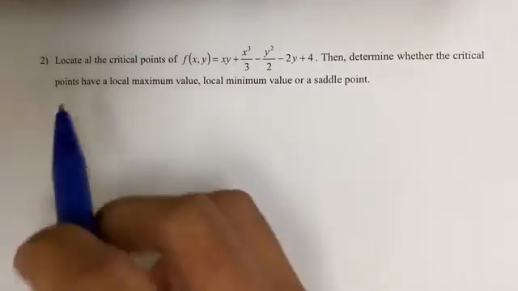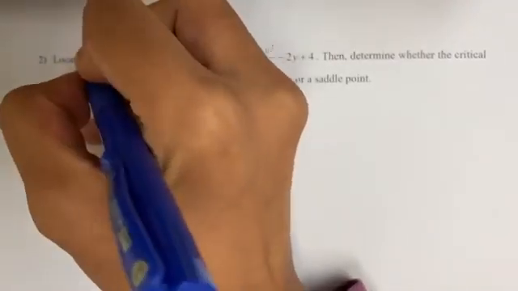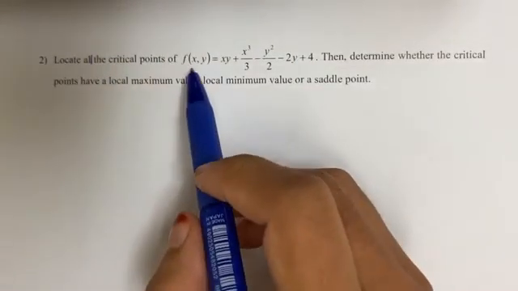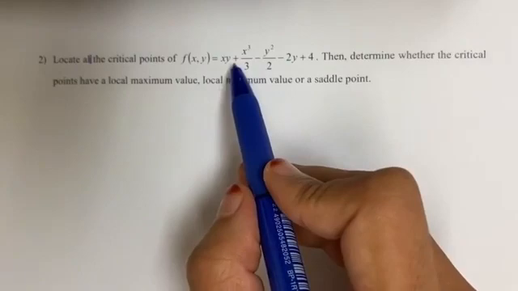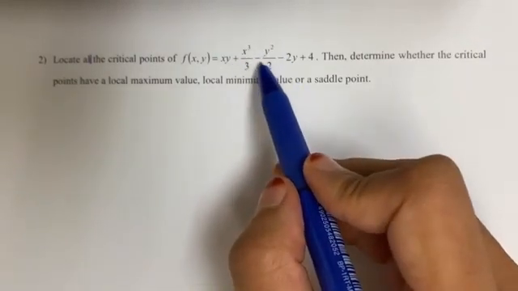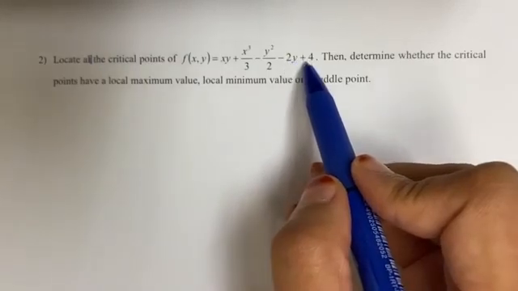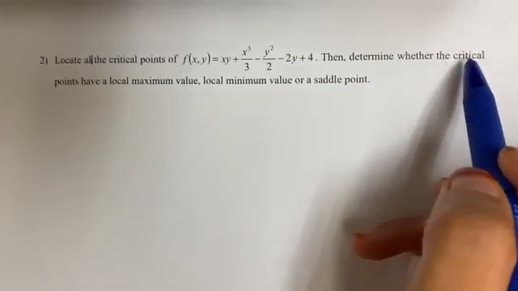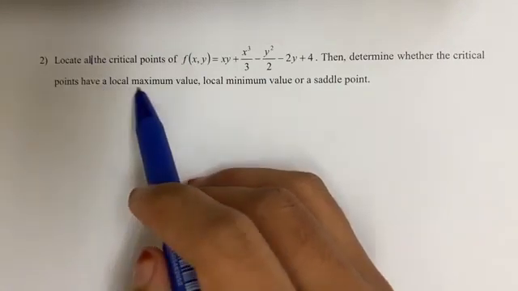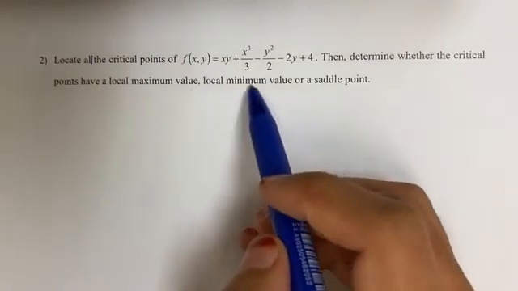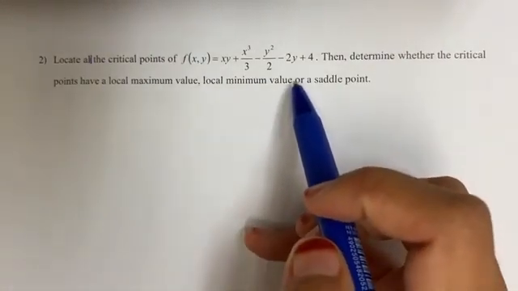Okay, so locate all the critical points of f(x,y) equals xy plus x cubed over 3 minus y squared over 2 minus 2y plus 4. Then determine whether the critical points give a local maximum value, local minimum value, or a saddle point.